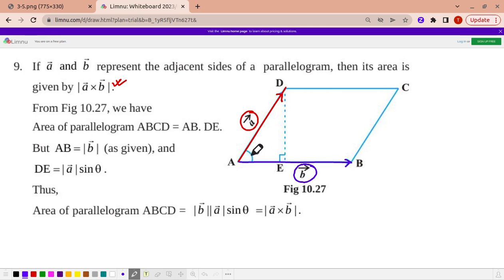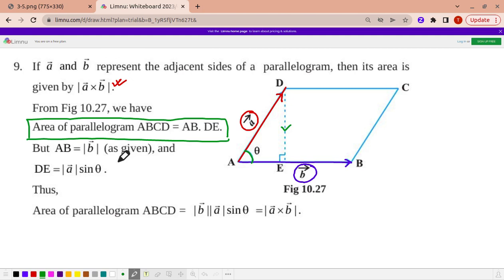Let me use a different color, green, this angle is theta. So, now what is the area of the parallelogram? We know area of parallelogram is equal to AB into DE, where DE is nothing but the length of the perpendicular drawn from the vertex D to the side AB.